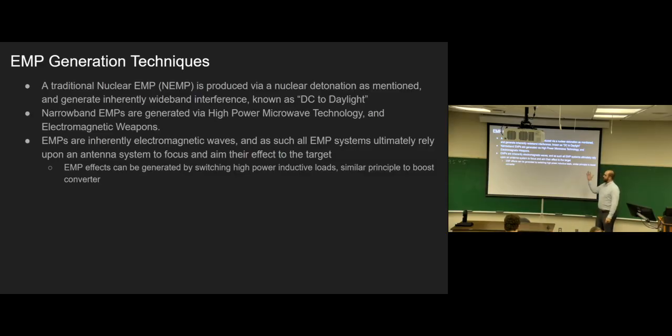So, EMPs are electromagnetic waves. All it really is is radio waves moving through the air that just happen to have ridiculously high power amplitudes. Far more than you would ever think. Like, you can receive radio stations 20, 30, 40 miles away. They could be coming off of a 1,000 watt or maybe even a 10,000 watt transmitter.